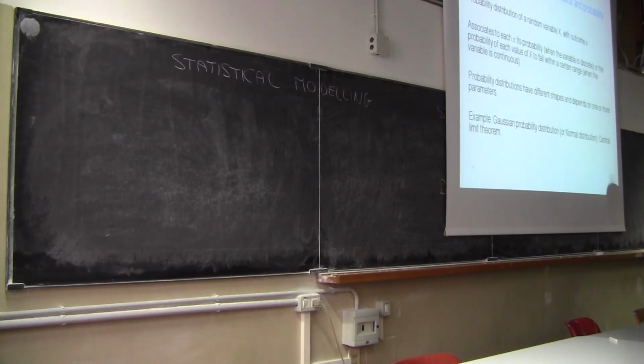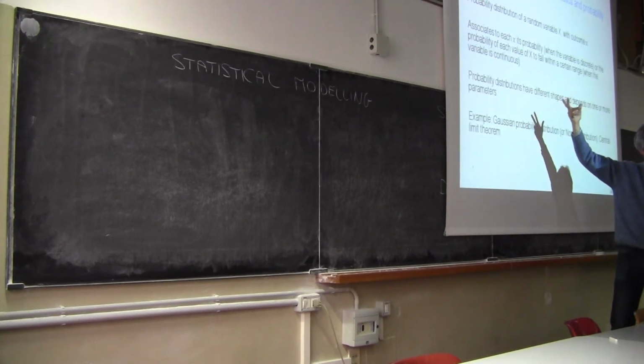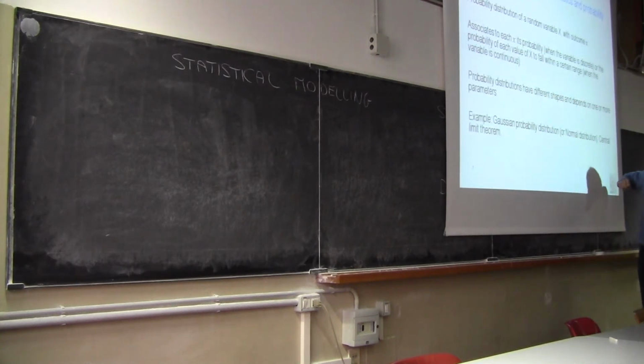So, what we want to do is to associate to each lowercase x the probability. And of course, the analytical function that associates to x its probability can have different shapes. And therefore, we have different probability distributions.